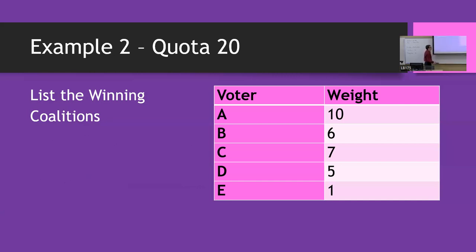So like I said, we need 20. Technically we need A and 2 other individuals. A, B, C would be a winning coalition. A, B, D would be a winning coalition. But A, B, E would not be, right? That only gets us up to 17. So ABC is a winning coalition, ABD.